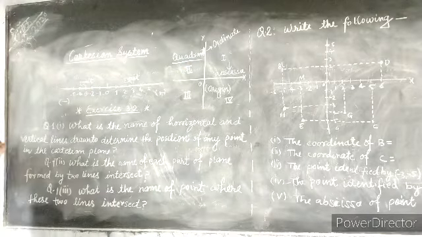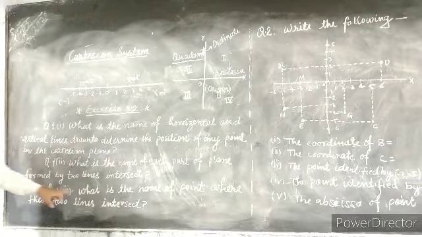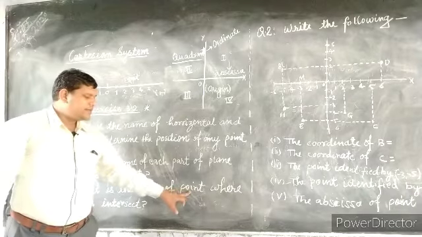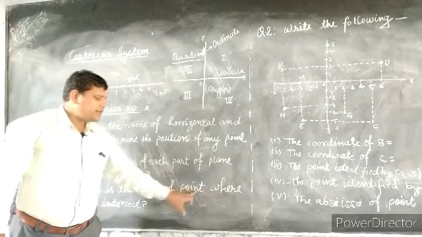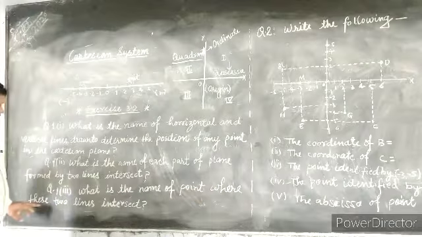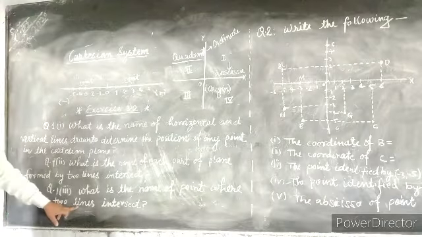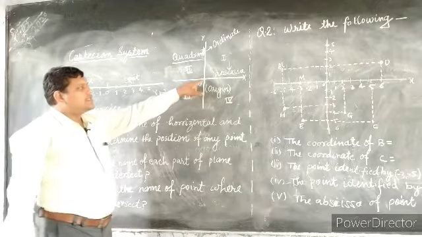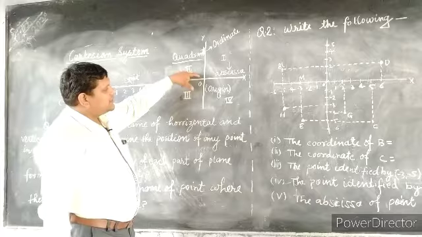Your third part is, what is the name of the point where these two lines intersect? The question is asking about this point.